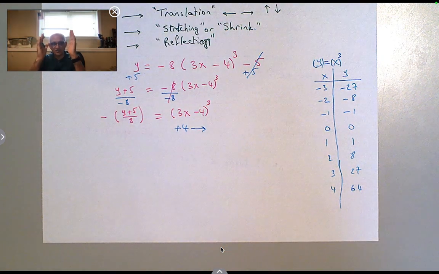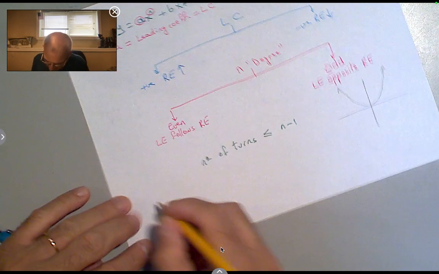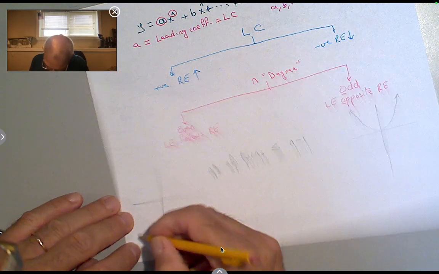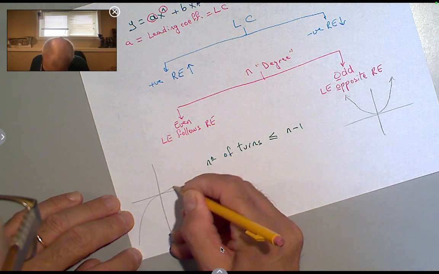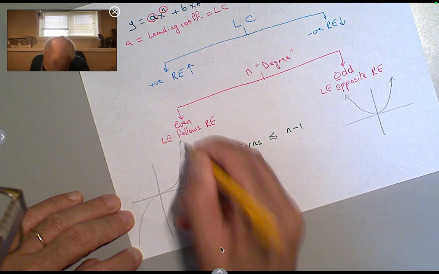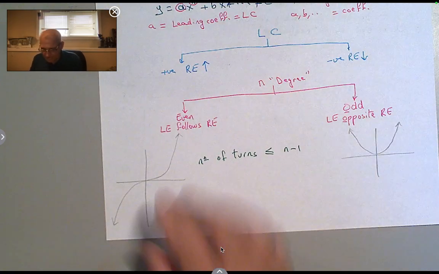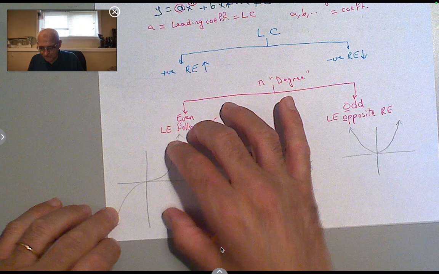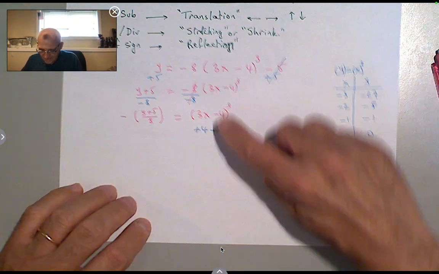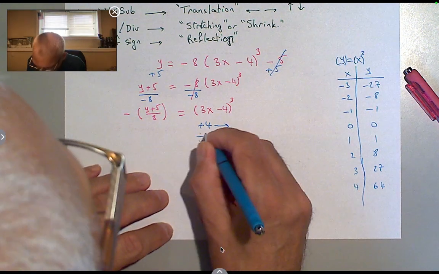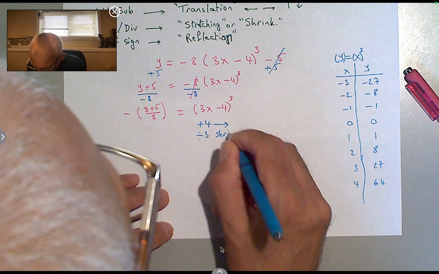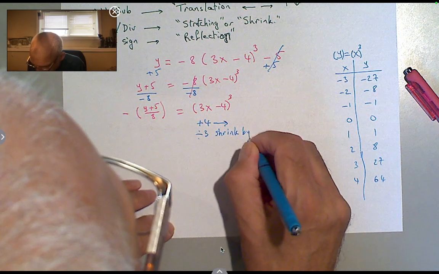So I'm going to take the graph of x cubed, by the way, that looks something like that. This is the graph of x cubed. I'm going to take it and move it 4 units to the right. And then divide by 3. Of course, dividing by 3 meaning shrinking x by a factor of 3.